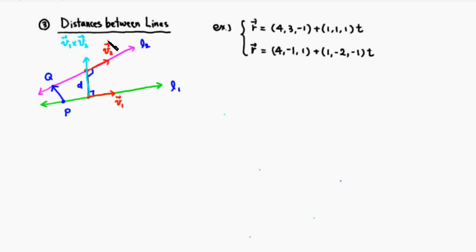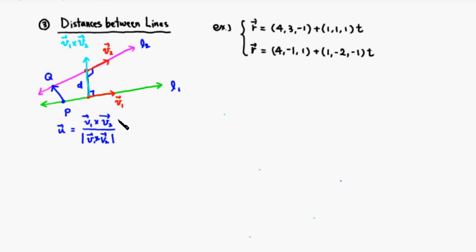Then we want the unit direction, so we divide through by its magnitude. So u is the cross product of V1 and V2, divided by its own magnitude.